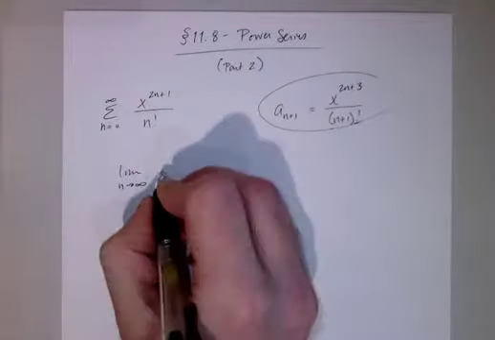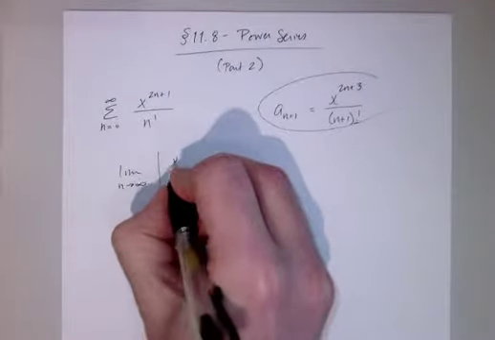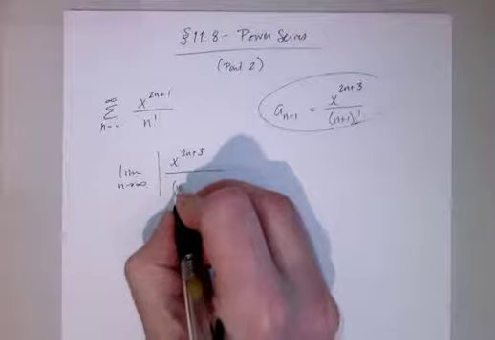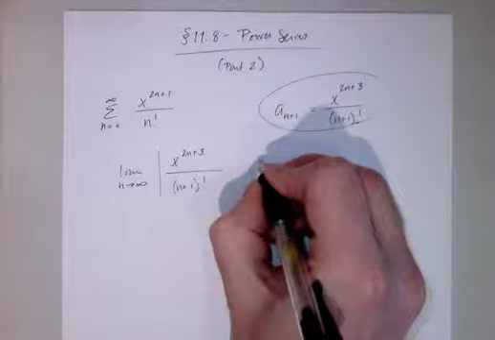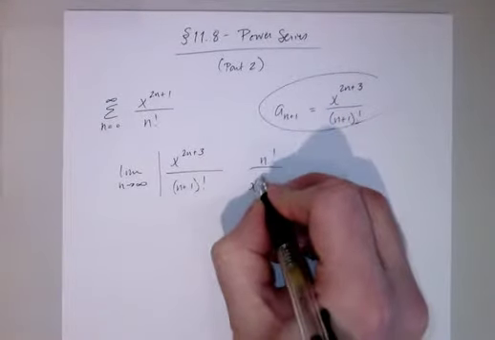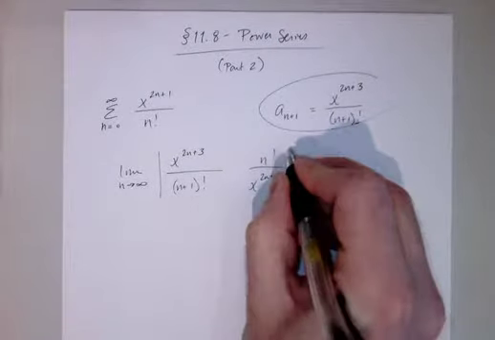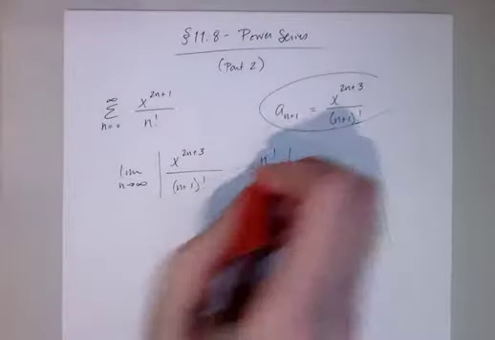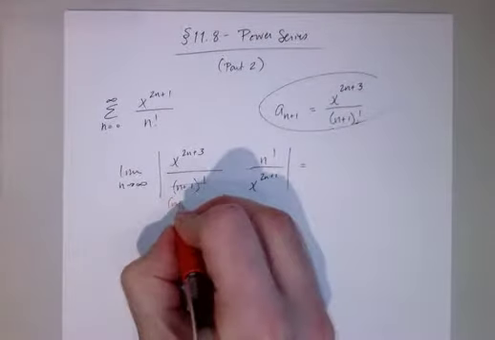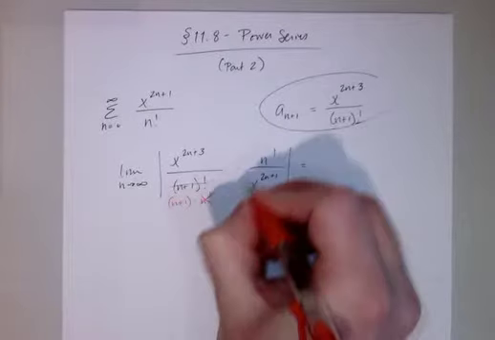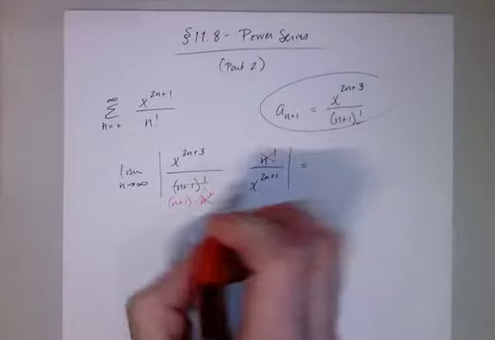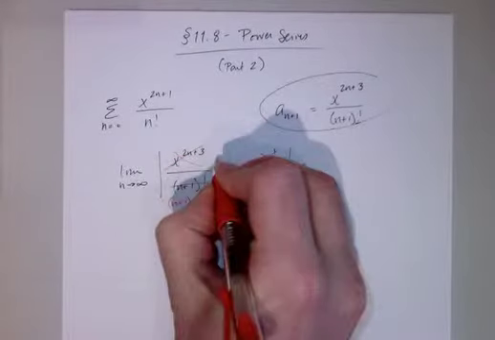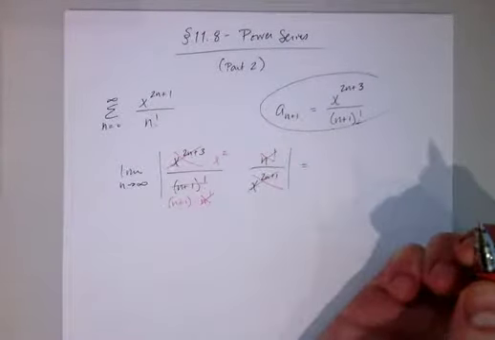I'm just doing it so that you see it explicitly, okay? 2n plus 3, all of that over n plus 1 factorial times n factorial over x^(2n+1). Now let's go ahead and do some canceling. I know that this is n plus 1 times n factorial. The n factorials cancel. This is 2 more than this. So if this cancels out, this is left as x squared.